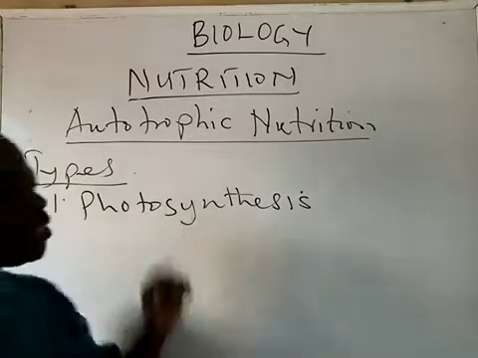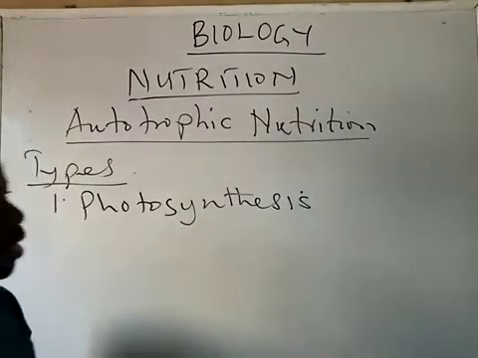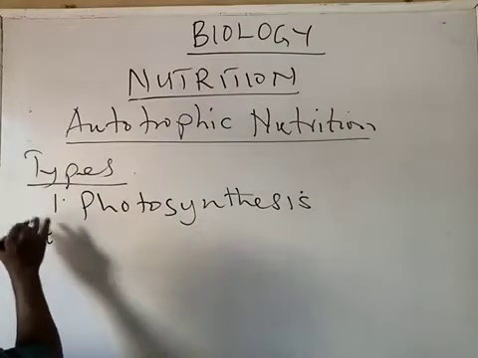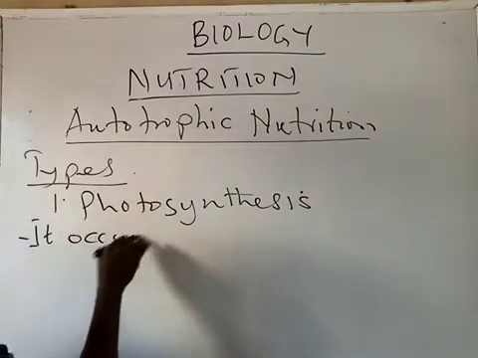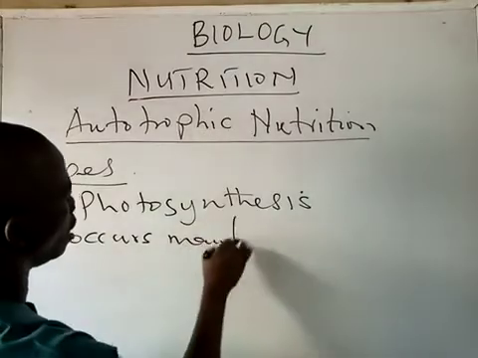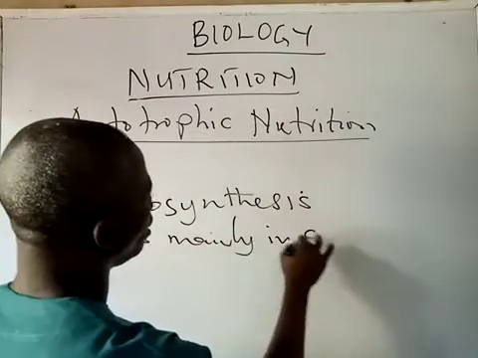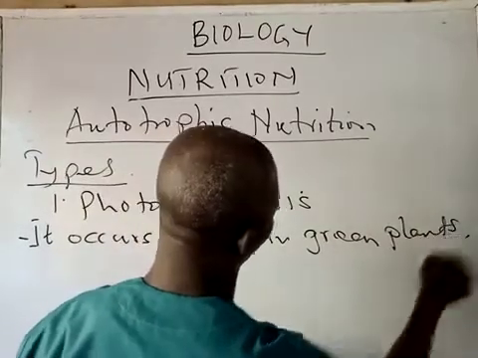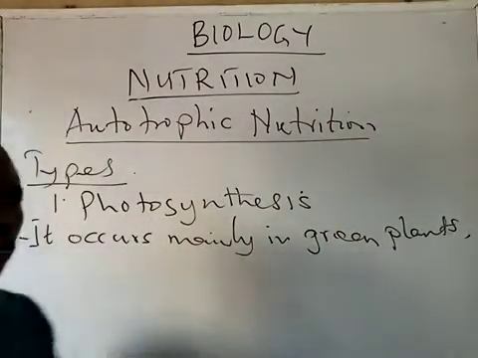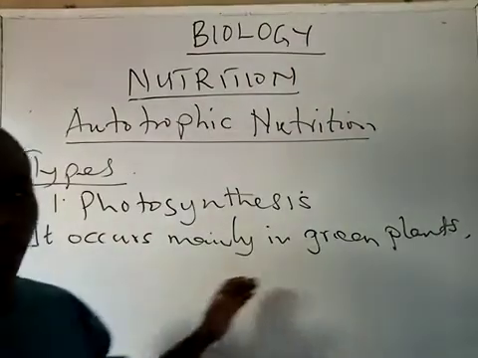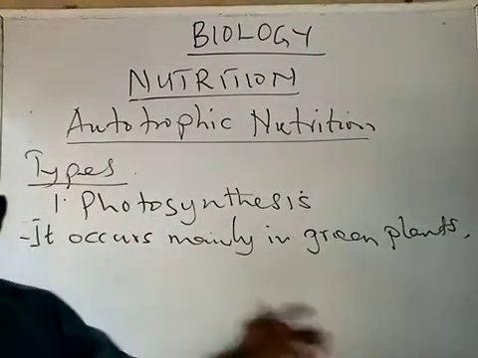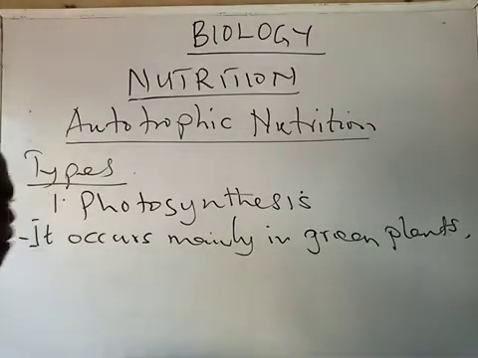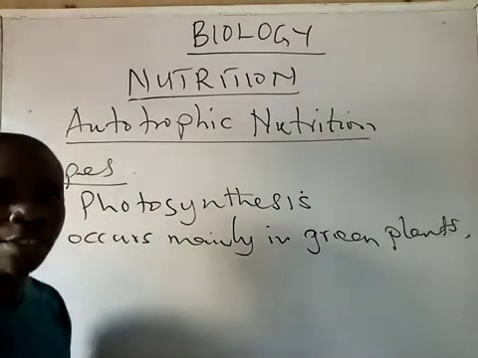And this photosynthesis occurs mainly in green plants, even though it will also take place in certain bacteria and algae. They carry out photosynthesis. Now, what is photosynthesis?